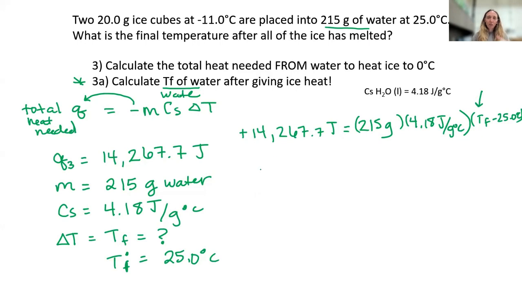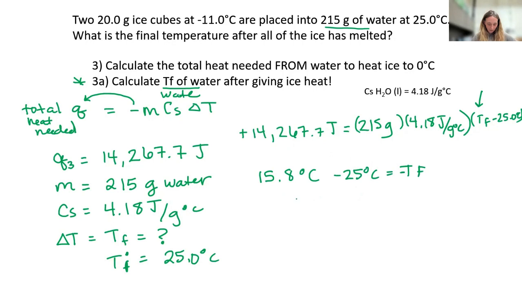Sometimes you can rearrange this equation first and then put the numbers in, but for this case with the TF, I figure it's easier to do it this way. So we're going to multiply across and distribute this, and it reduces down to 15.8 degrees Celsius minus 25 degrees Celsius equals negative TF. Okay, so hopefully I did my math right in that case.